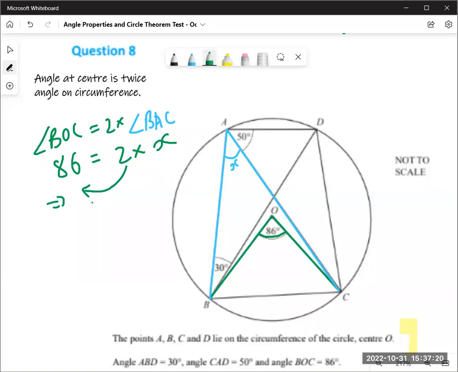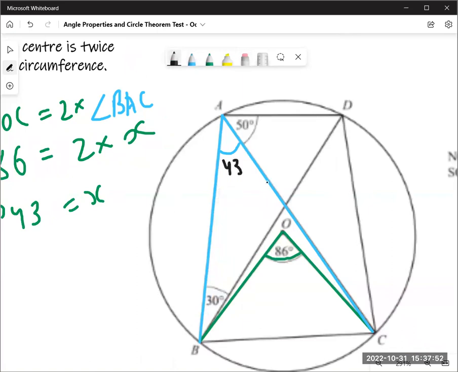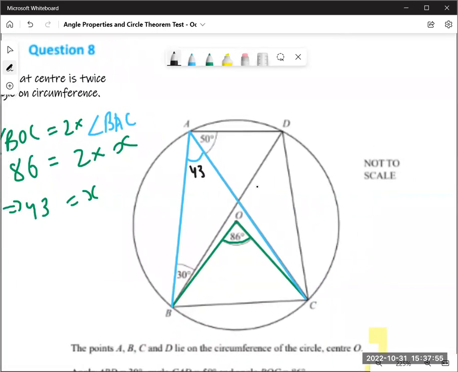No. This thing, 86 is twice of X. The center is double the circumference. Do you understand? 43. So take this to the other side. It will become 86 by 2, which is X, which is 43 basically. I know that this is 43 now. All right, fine. That's 43.